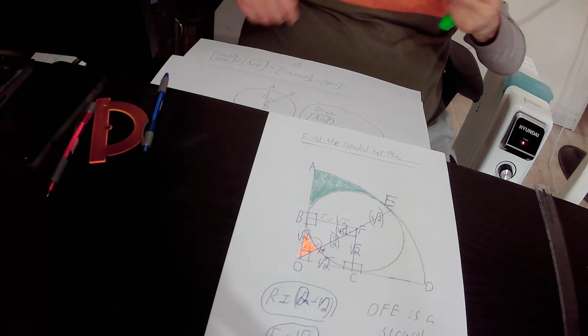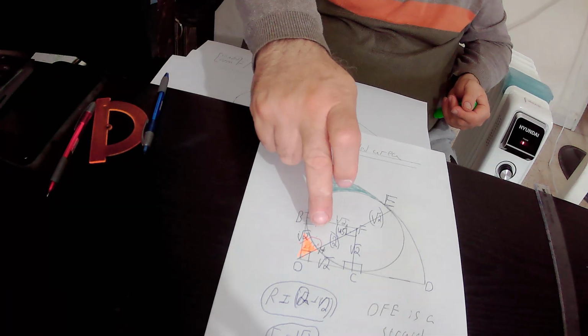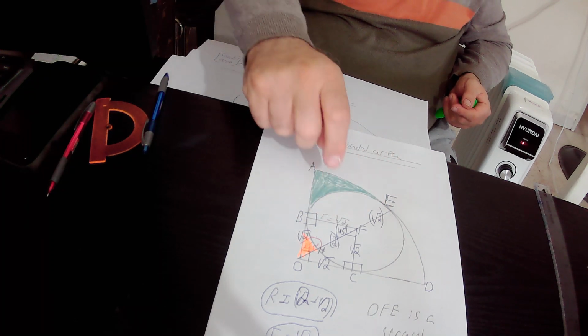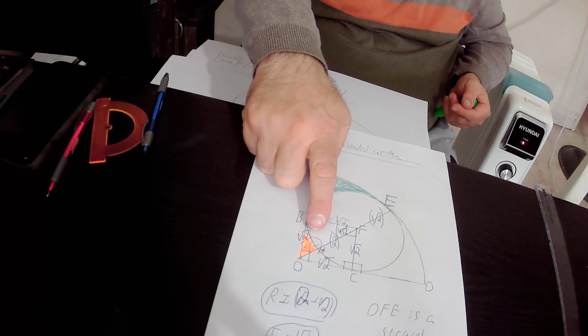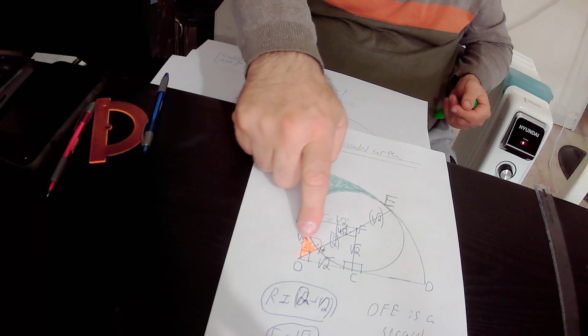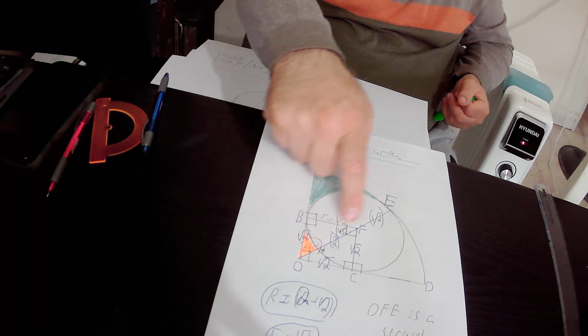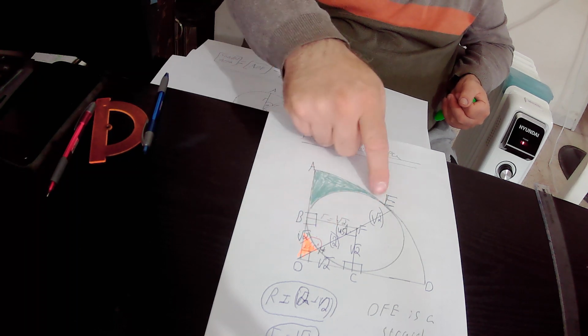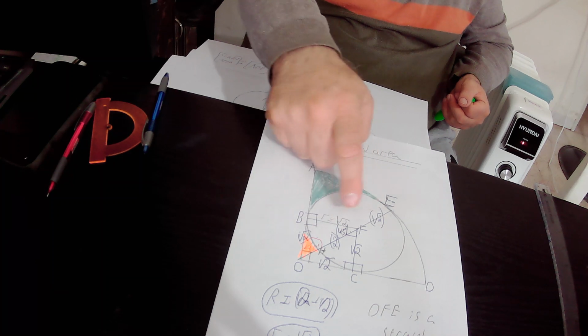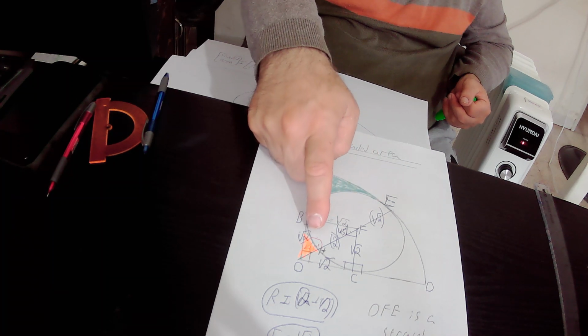But first of all, how do we know that this is a semicircle? We know that OFE is one straight line. If OFE is one straight line, then edge E is also part of OFE. Therefore, it must also be a straight line, because a part of a straight line must also be a straight line.